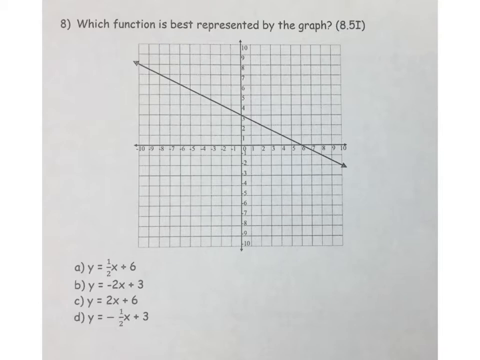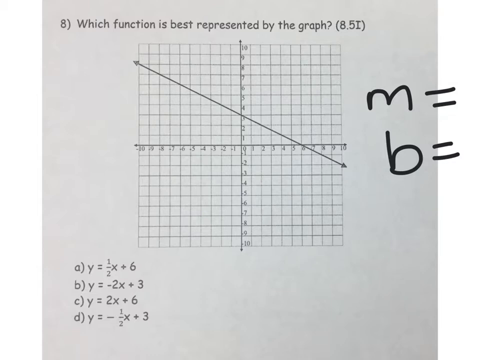Number 8. Which function is best represented by the graph? So you're going to need to find 2 points, and then we're going to need to get the slope and the y-intercept. Then you make your y equals equation and see which one is the best answer.